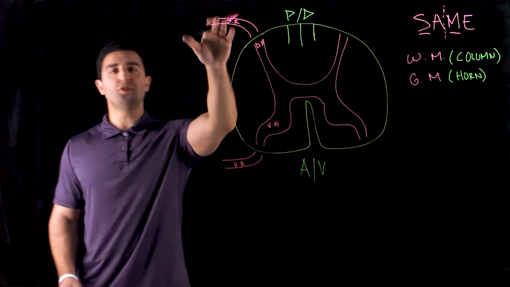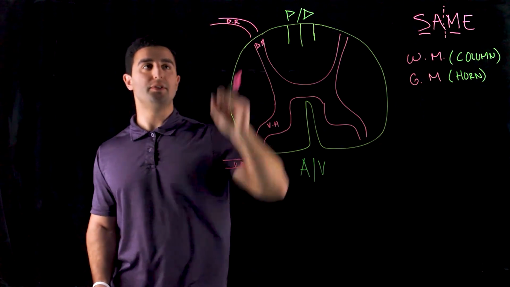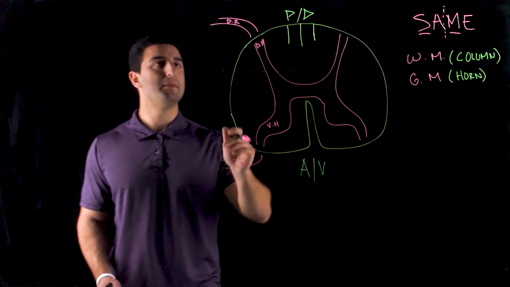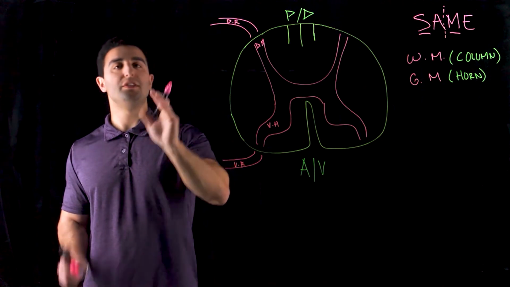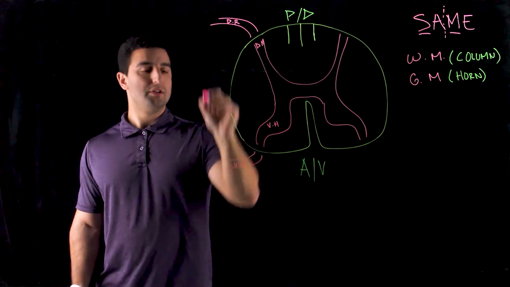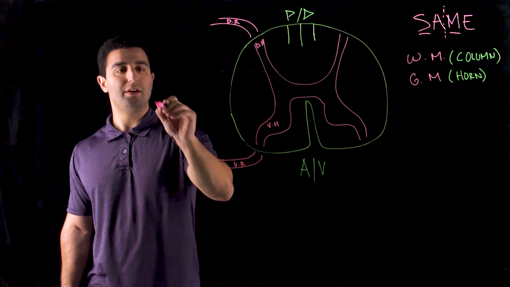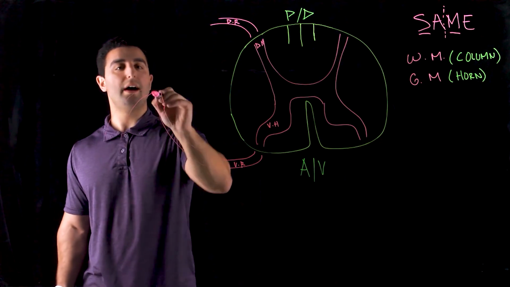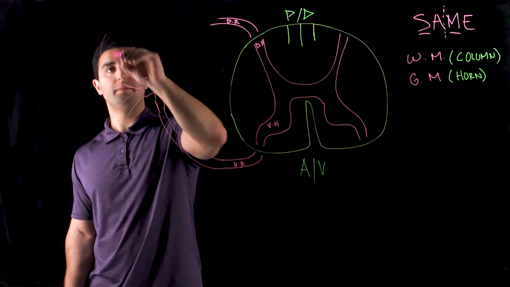Dorsal roots only have sensory neurons. Ventral roots only have motor neurons. Information then converges into this bundle, which disperses out to the next structure we're going to talk about, called the rami. We can see this information coming in here, it crosses, and then you have this outward projection. These are called the rami.